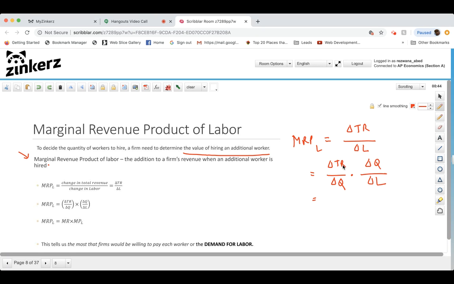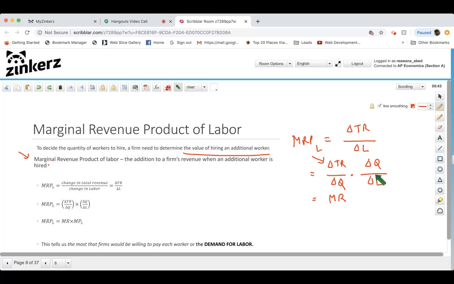The change in total revenue from producing one more unit of output, we know as marginal revenue. So that is exactly what we know as marginal revenue.